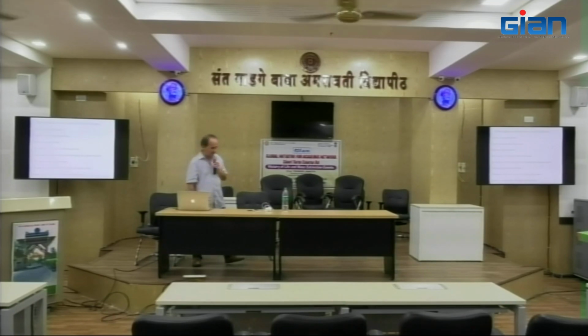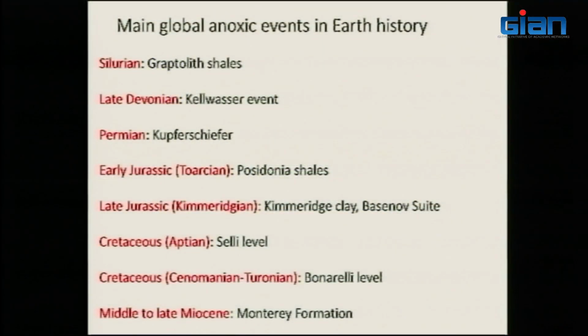Now I just want to list one of the main global anoxic events in Earth history. There are some Paleozoic ones, which are less known, I would say, but they deliver quite a lot of oil and gas.